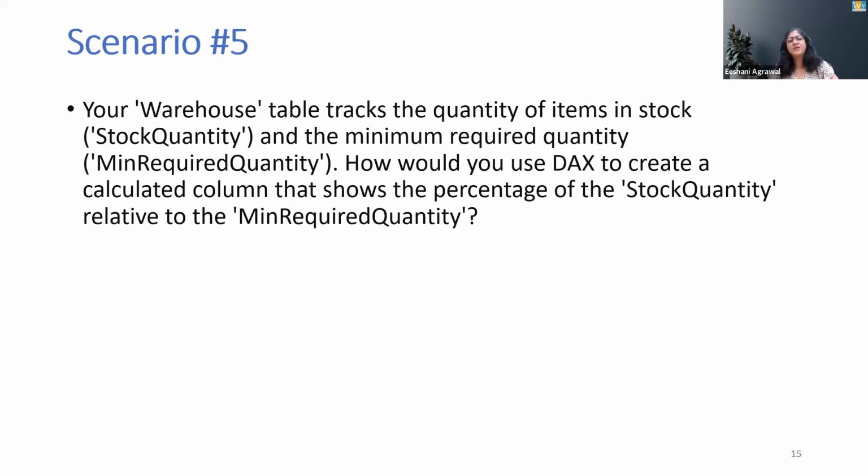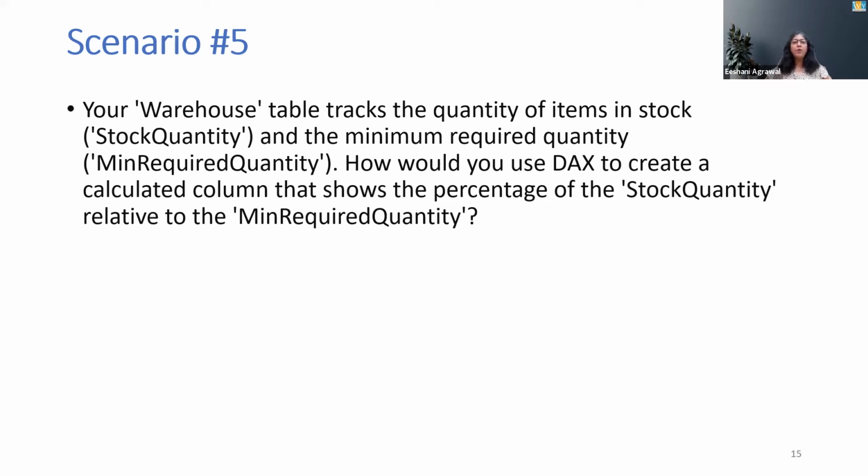Okay. Your warehouse table tracks the quantity of items in stock. So stock quantity it has, and a minimum required quantity column is there. So it's like a warehouse table where there may be products. For each product, what is my stock in hand and what is the minimum quantity I should maintain in my inventory, right?